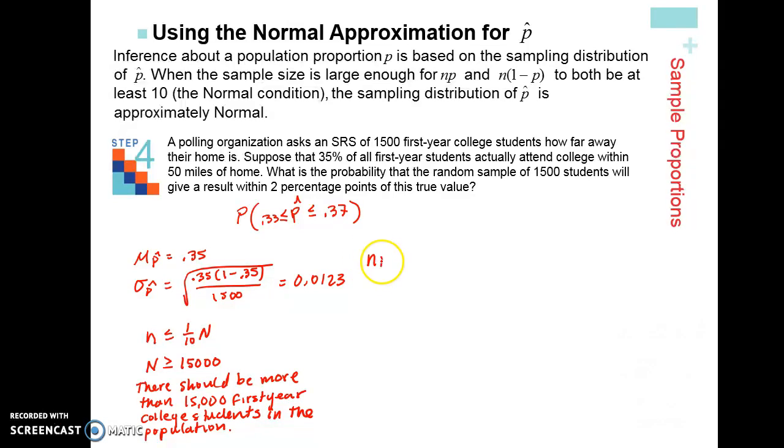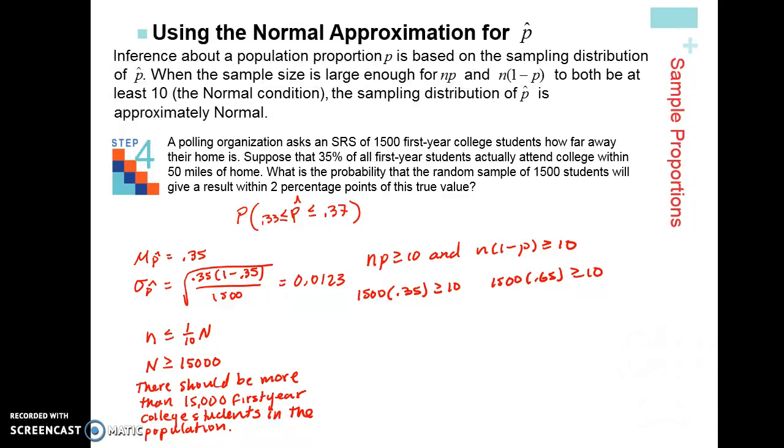So n times p must be greater than or equal to 10, and n times 1 minus p must be greater than or equal to 10.